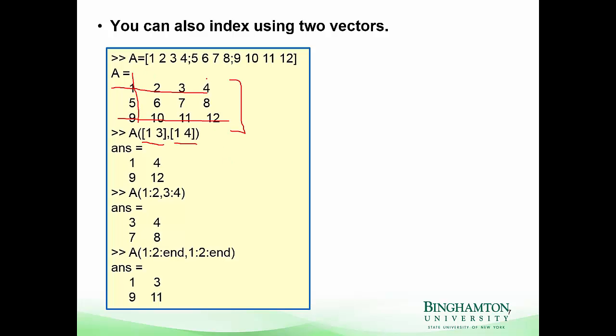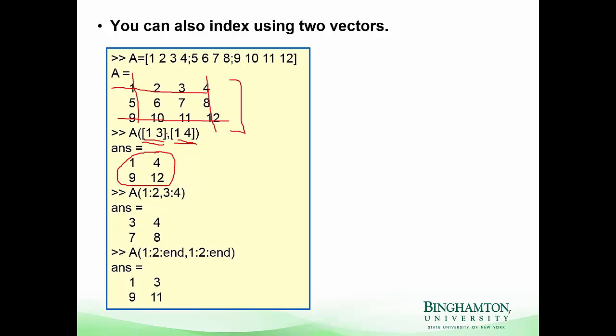So the things at the intersections of those crisscross lines are what I'll get. And so I'll get a 2 by 2 in this case. The dimension will be however many elements I have there by however many elements I have there.